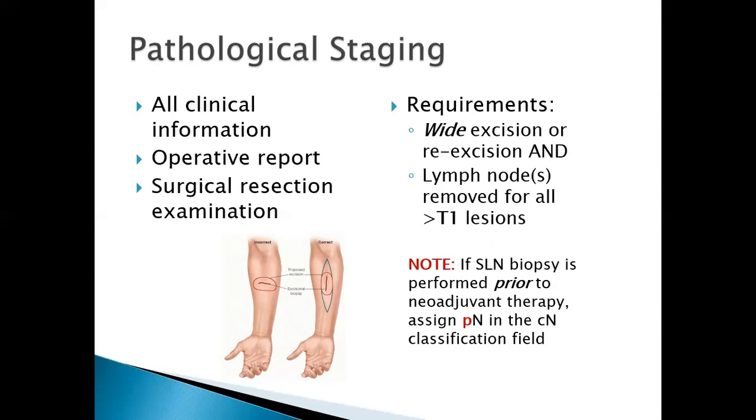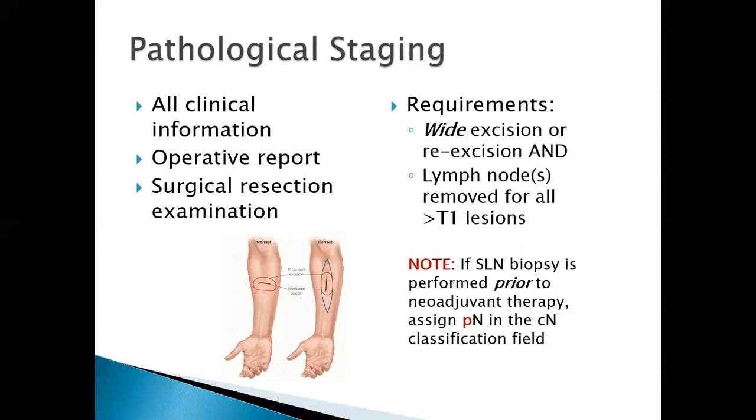Now, if that lesion is determined to be an in situ melanoma or a T1 lesion, lymph nodes are not required to be removed. So if that's the case, we would assign a cN0 for the pN category.